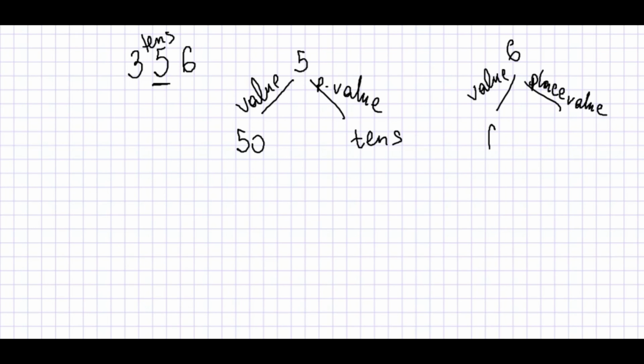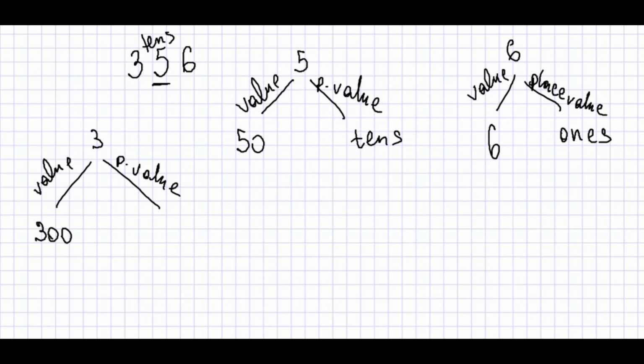The value of 6 is 6, but the place value of it is ones. What is the value and place value of 3? It is on hundreds place. Its value is 300, but its place value is hundreds.